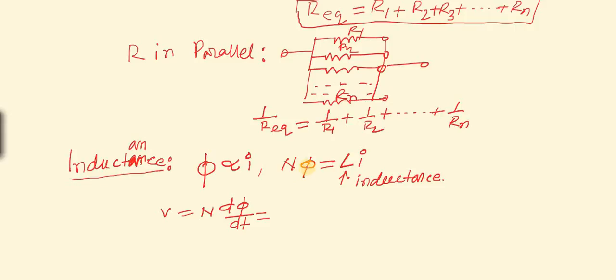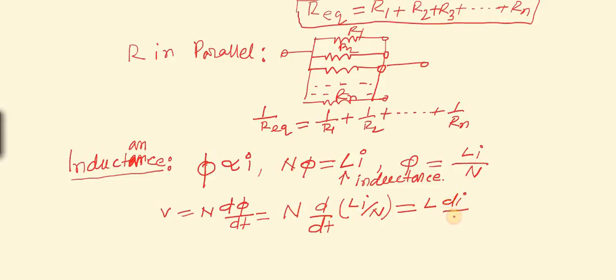Now this phi is equal to L I by N. Put this value of phi here. So this becomes N d phi by dt, with the value L I by N, which will be L di by dt. So voltage is equal to L di by dt.